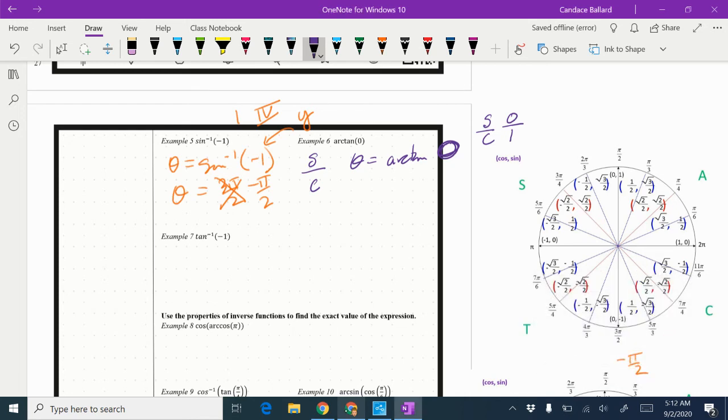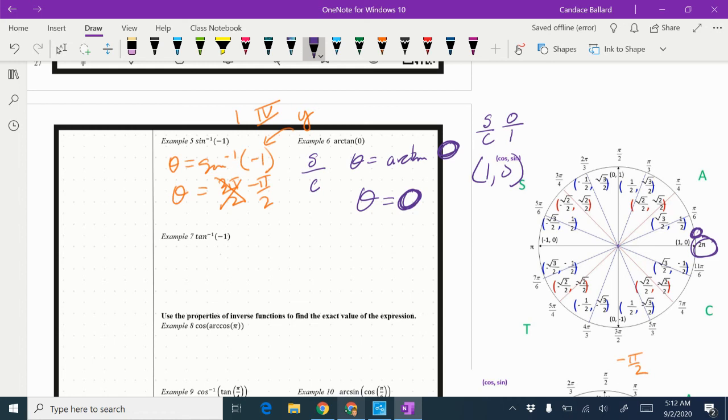So the only way to get that is if my sine value is 0 and my cosine value is 1, which means I'm looking for that point. It's not at 2π. Remember, that is also labeled 0, so it's got to be theta equals 0.